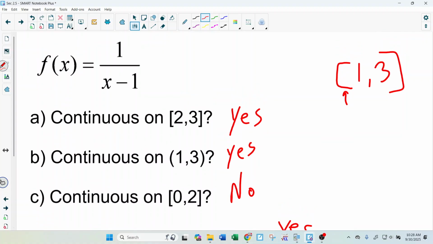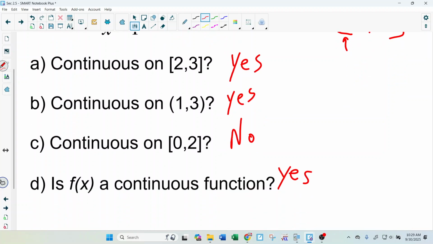So, what is the domain of this function? x cannot be 1. So, is this continuous at every number in its domain? Where's the one place this is not continuous? 1. But is 1 in the domain? No. So it's that idea.